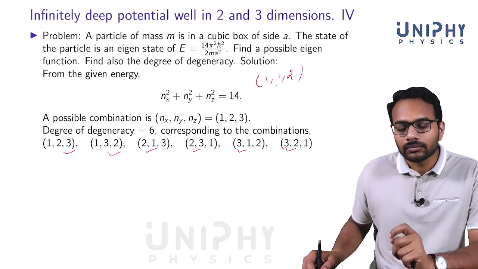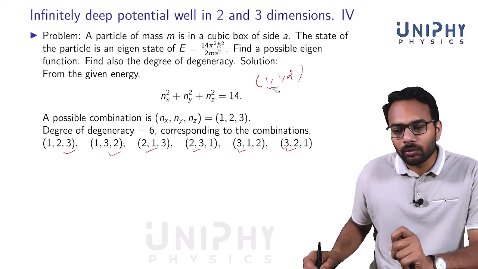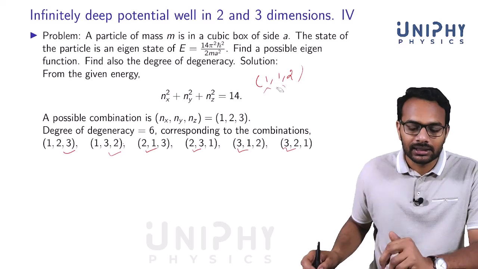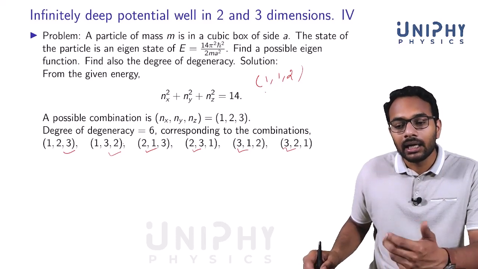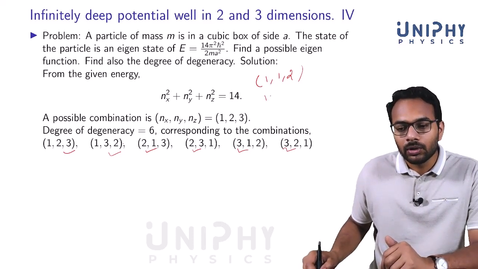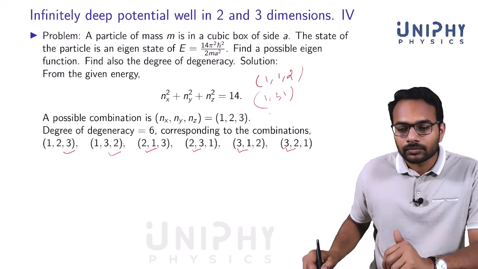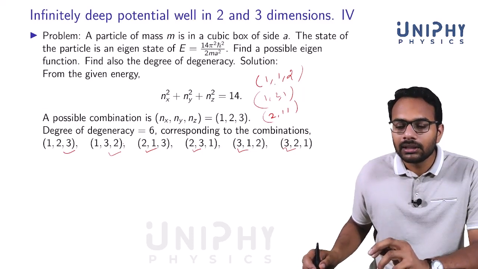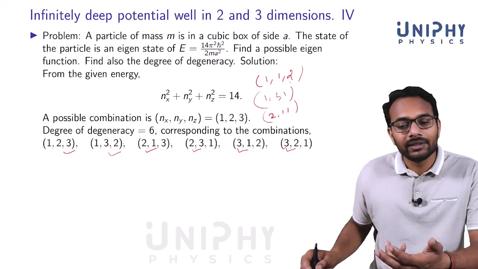So if you have a combination 1, 1, 2, the interchange should not be considered as a different wave function. Then we need to take only combinations like 1, 1, 2, 1, 2, 1, 2, 1, 1. Is there any other combination allowable? No. In that case, we see that the degree of degeneracy is just 3.